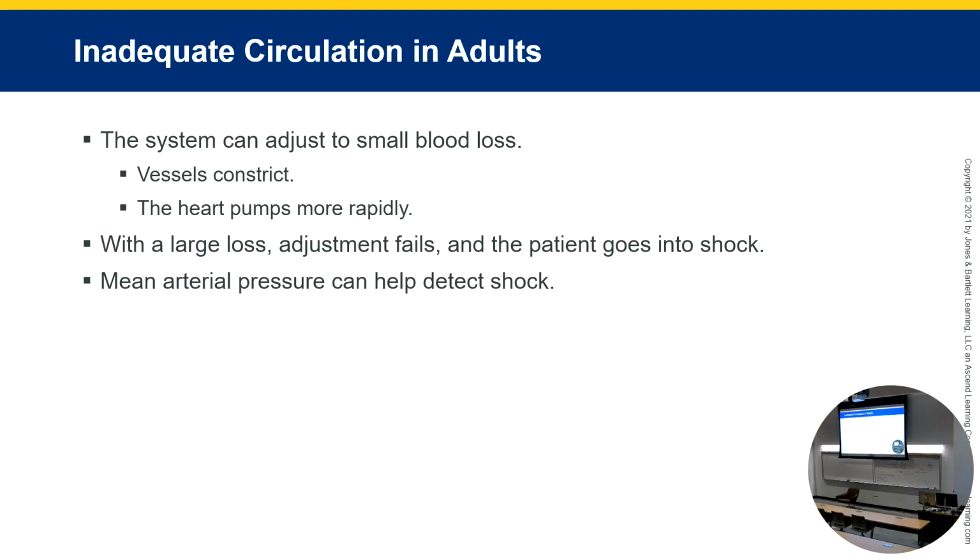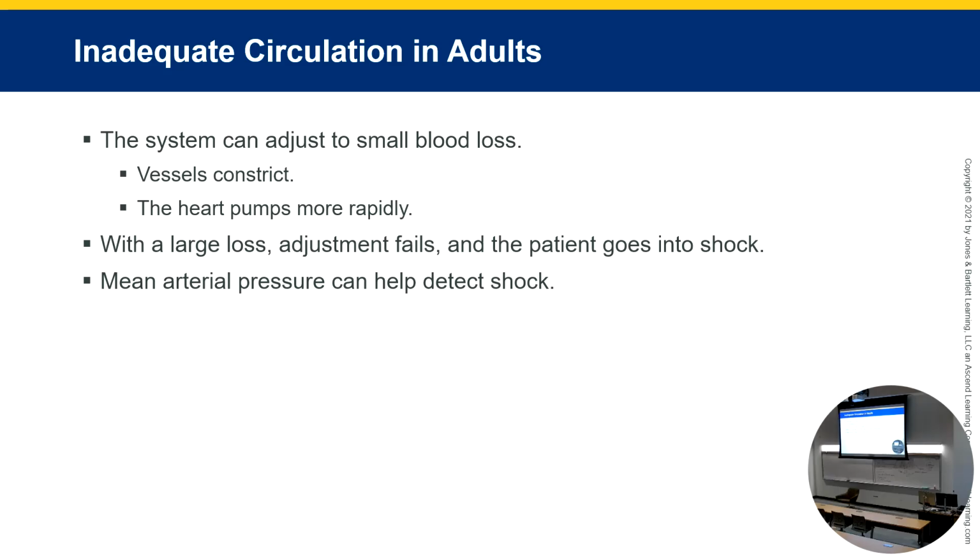Now, what is inadequate circulation? Well, again, the system has the ability to compensate, okay, to adjust for small loss of blood. Like we just talked about, vessel constriction, heart beats faster, heart beats stronger. With a large loss, adjustment fails and the patient goes into shock.